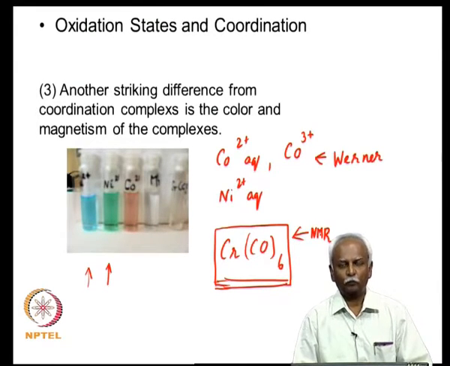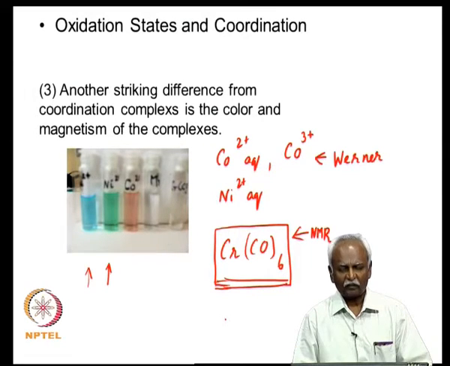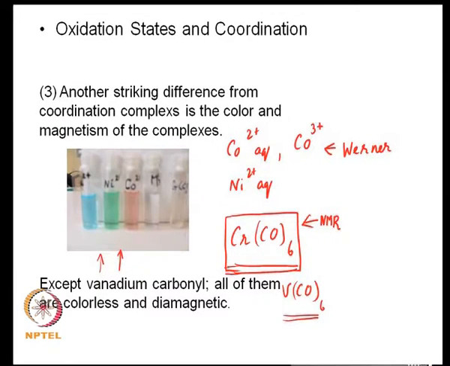NMR spectroscopy allows you to monitor these compounds in situ in a very easy fashion, and this advantage is not present for the Werner coordination chemistry that we encounter, where you have paramagnetic systems, and paramagnetic systems tend to destroy the NMR signals fairly easily. Vanadium carbonyl is an exception because V(CO)6 can be generated, and it tends to be paramagnetic, not diamagnetic. So, this is one exception that we note.